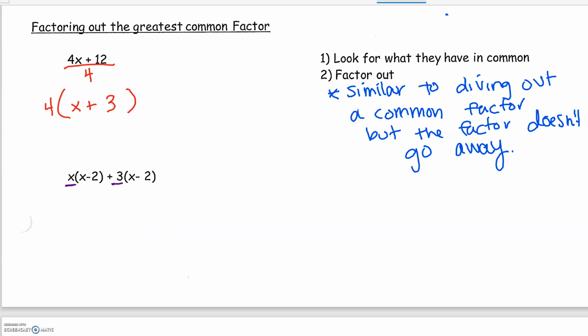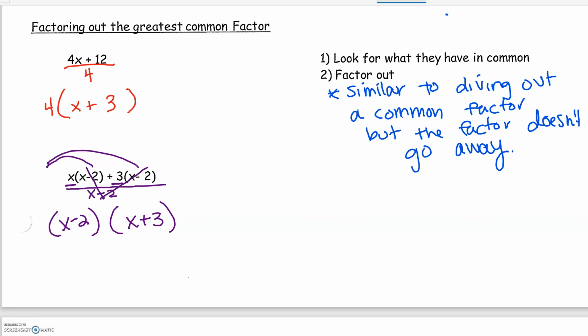We're basically taking out that x minus 2 from both. So pulling it out, putting it in here, and then what's left is an x plus 3. For dividing out that x minus 2, it's going to take it there, and here it is in front, just like we put our 4 in front, and then we're left with an x plus 3.